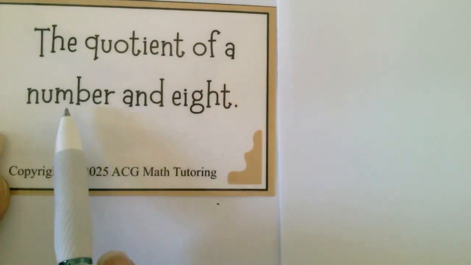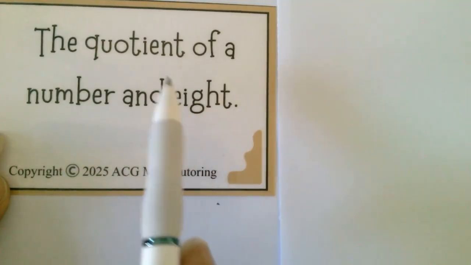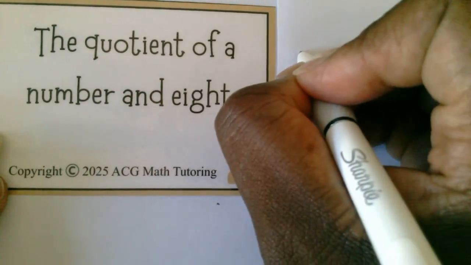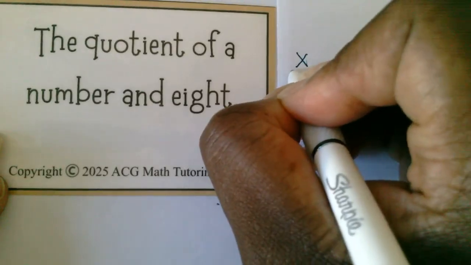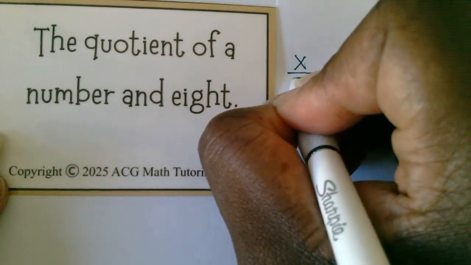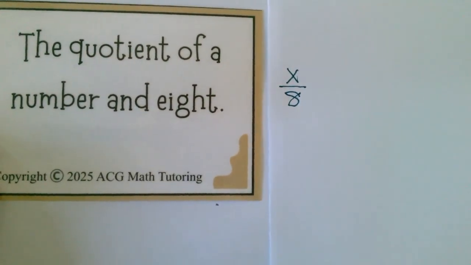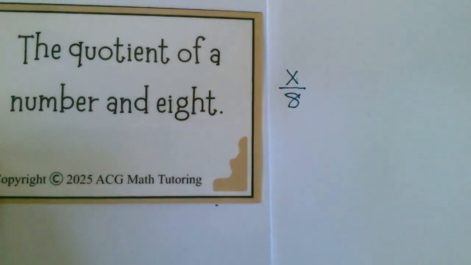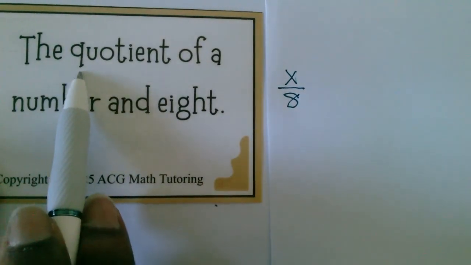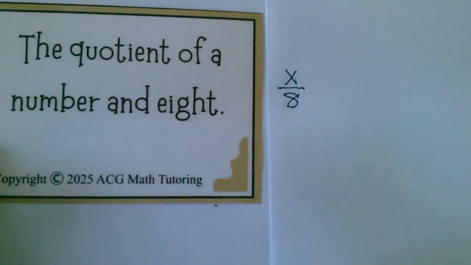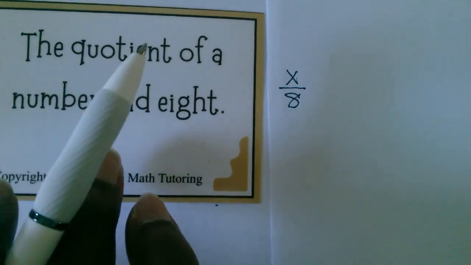So what is it? A number and 8. So we are dividing a number and 8. We don't know what this number is, so we can use our variable. You can use x, you can use n, but we're definitely using a fraction. The key part of this is knowing what quotient means. It means division.